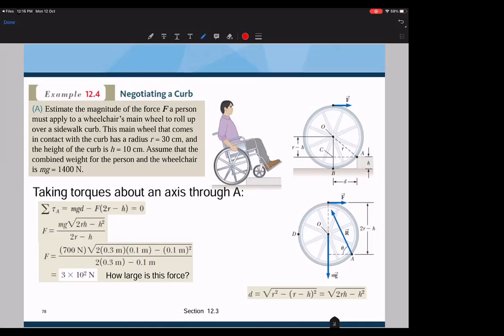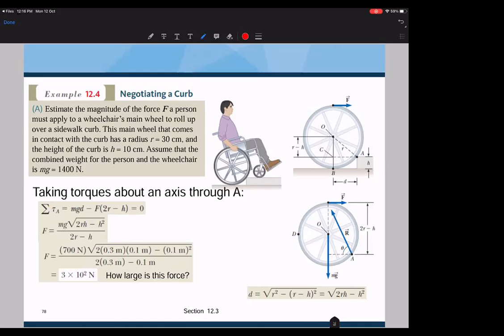So we would solve the problem by considering equilibrium situation. First, we try to consider what is the force F necessary to cause the rotation.